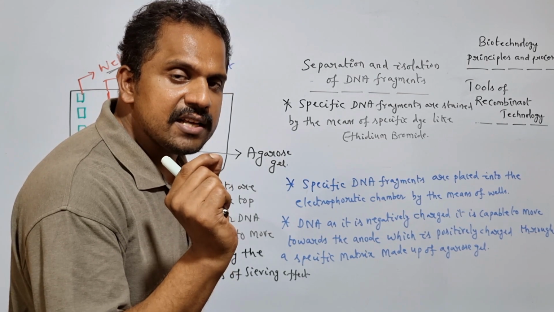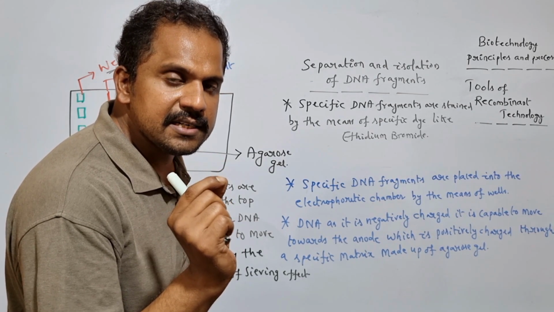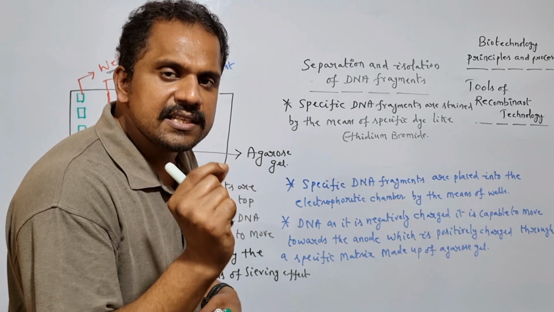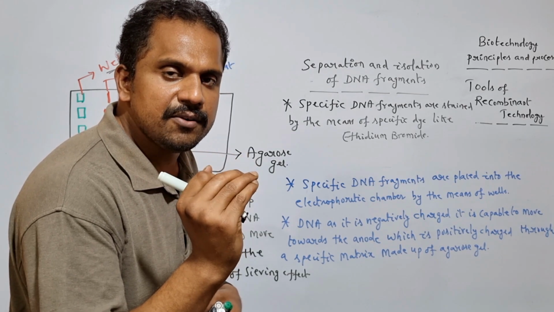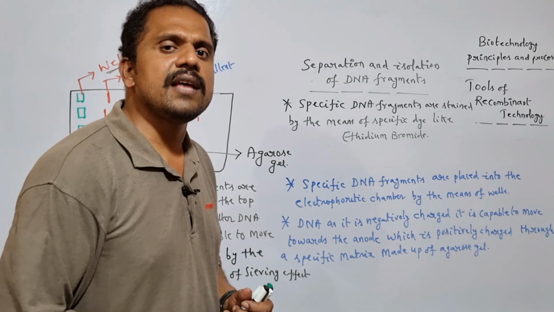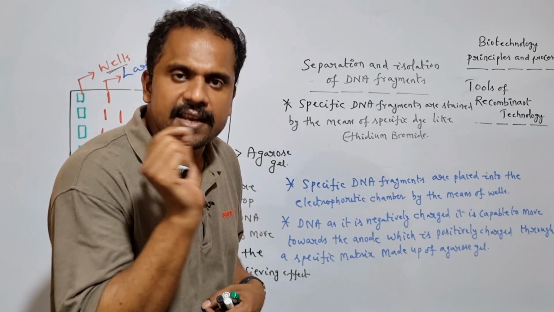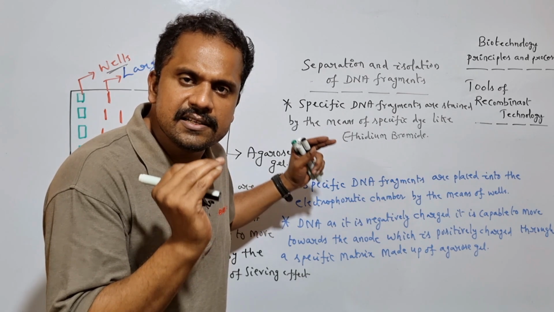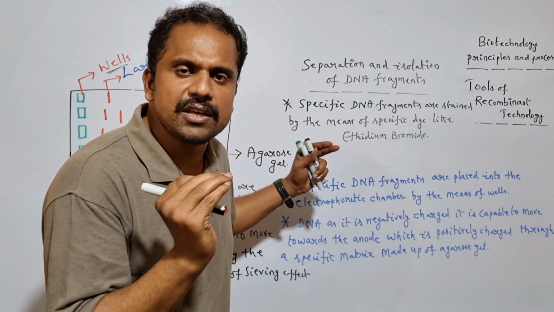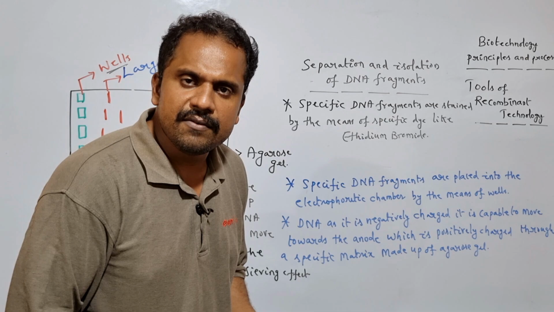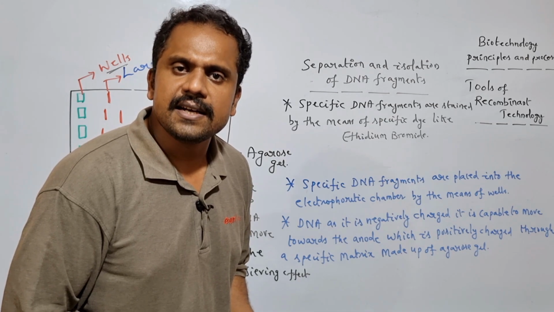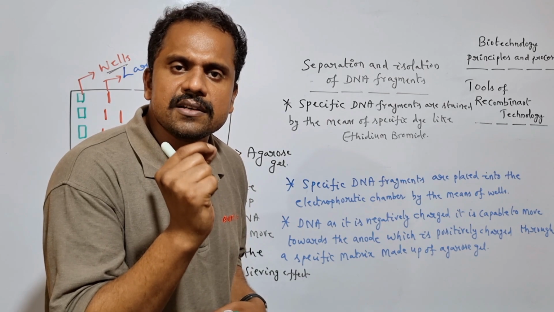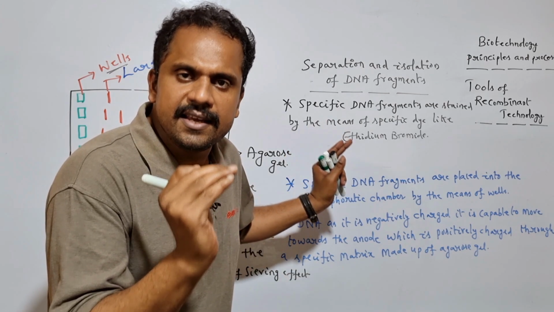Once the stained DNA fragments are exposed to the UV radiation, it leads to the formation of orange colored DNA fragments.